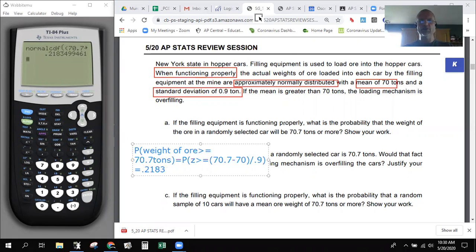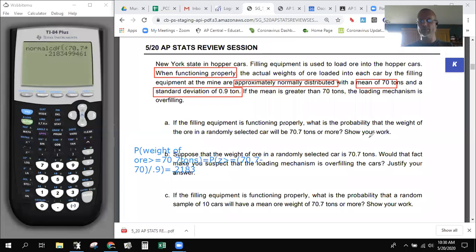Remember we said if we're going to do a normal probability problem, we have to show that we're using the normal distribution. So I'm going to grab the draw. I would expect you to have this picture, a nice normal curve, drawn better than what I can do, with the center marked at 70.